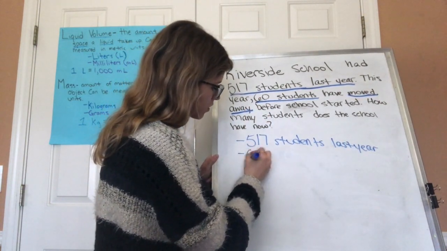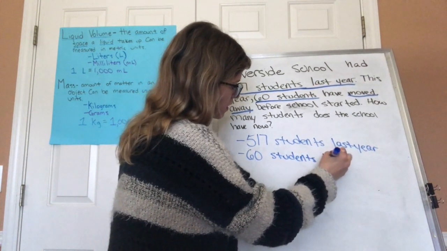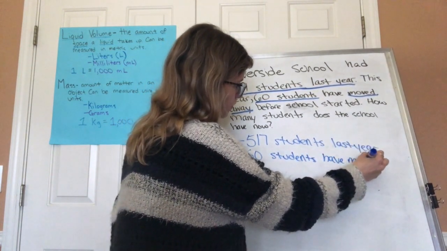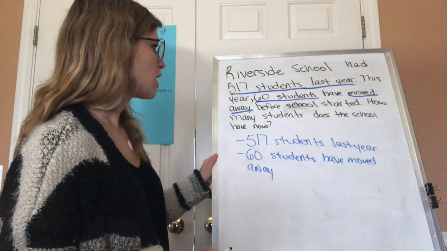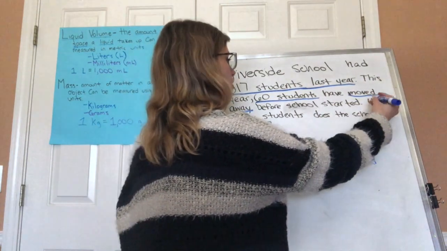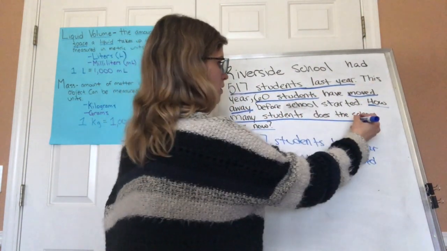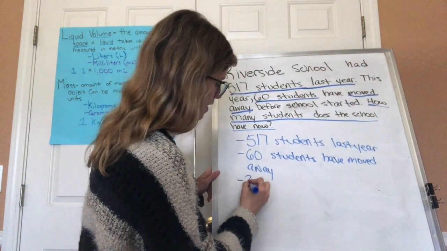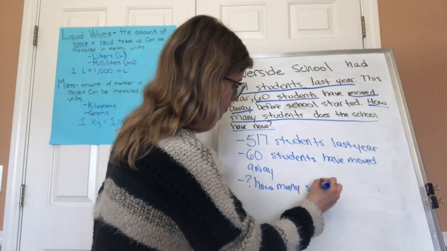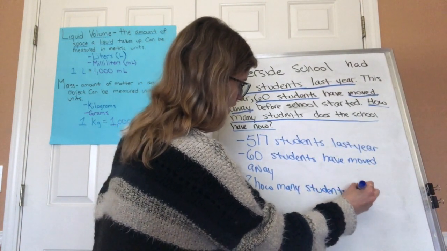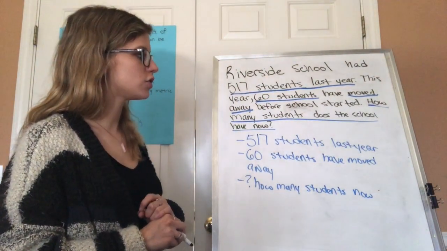So I'm going to write 60 students have moved away. How many students does a school have now? So my question is, how many students now? Pause me and think about an equation that you can write to show this.